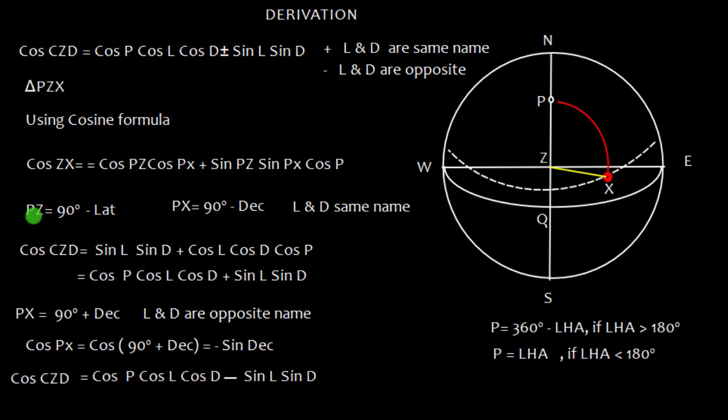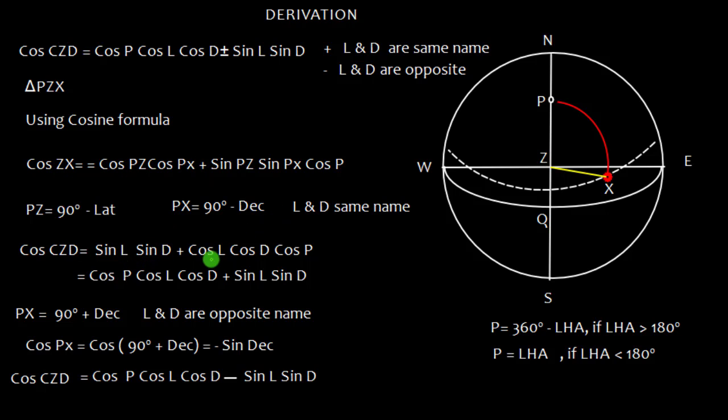So what we'll do, this Zx is zenith distance and we can write as calculated zenith distance. Then this cos of Pz will become sine latitude, because cos of 90 degree minus latitude is sine latitude. Similarly, cos Px will be sine declination.